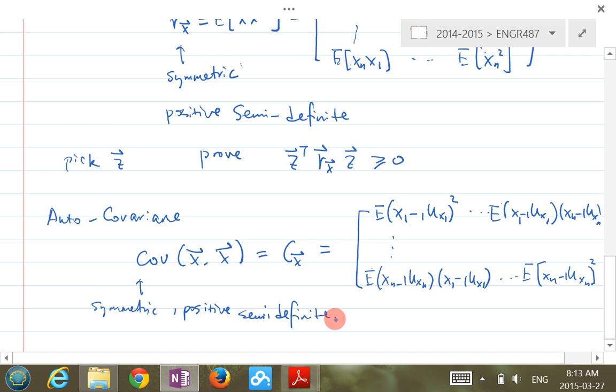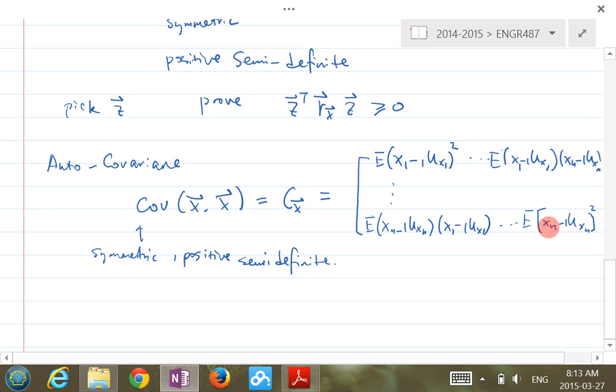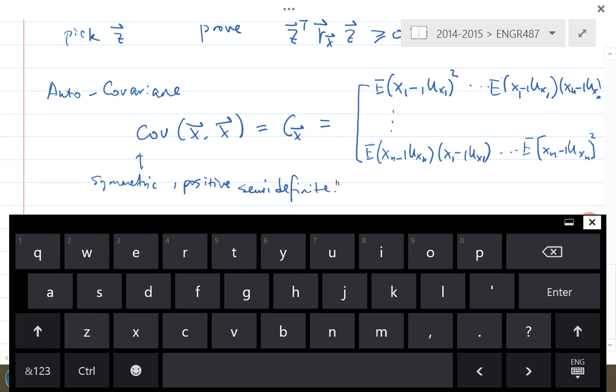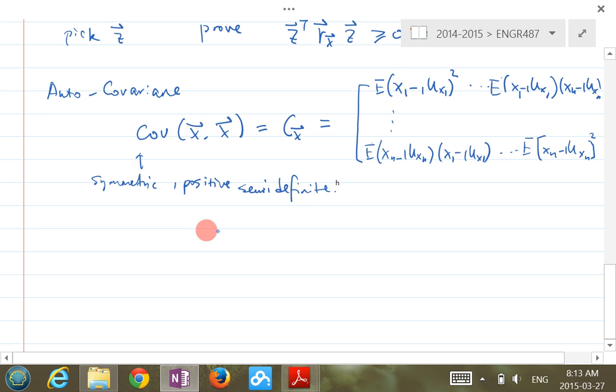For the autocovariance, look at each element of the matrix. This element is basically the variance of x1, so let's call it sigma 1 squared.